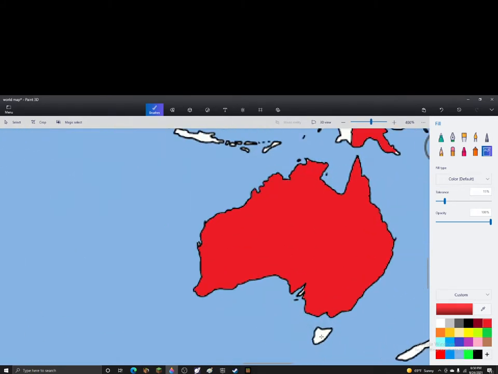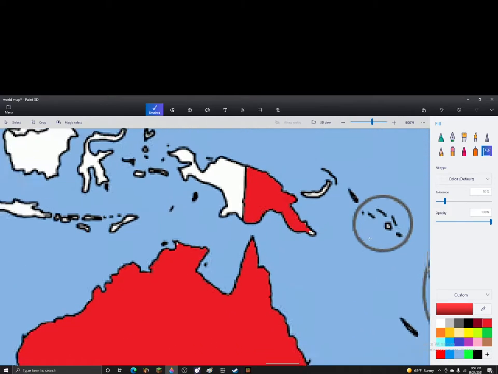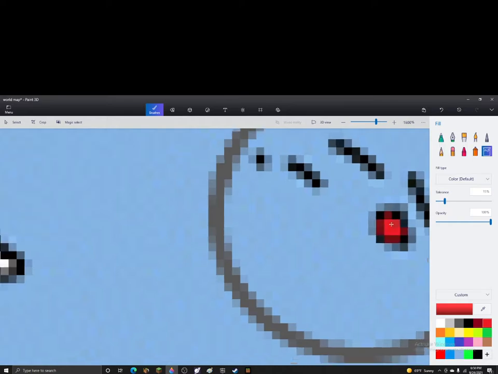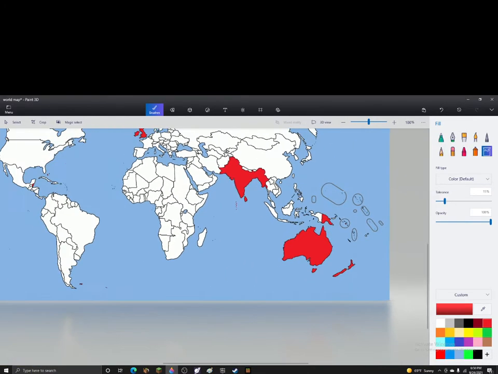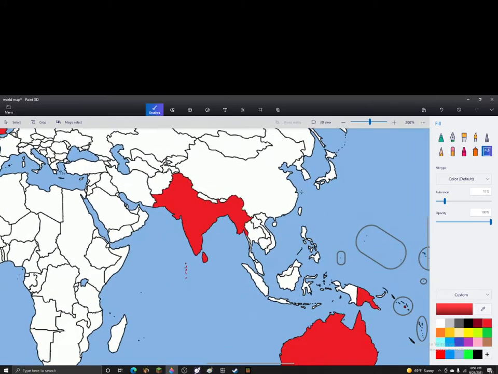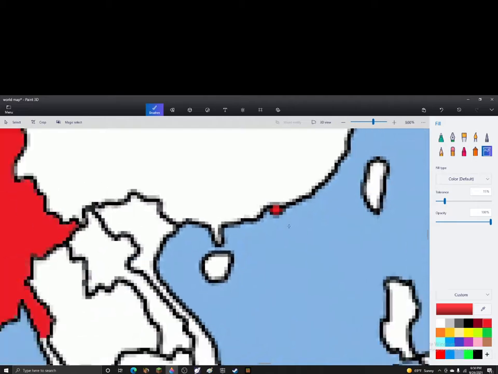Then they had Papua New Guinea, Australia, and New Zealand. They also had some other island territories like the Solomon Islands and all these other ones, but I'm not really going to draw that in because that would take forever. They also had Hong Kong.